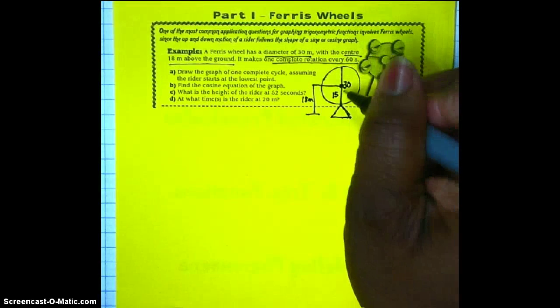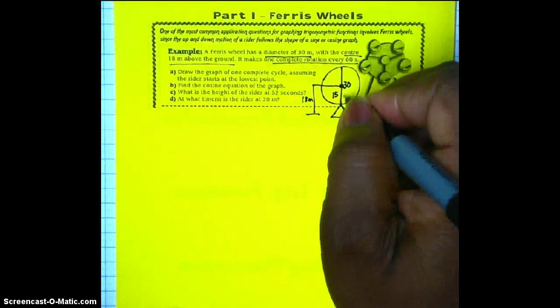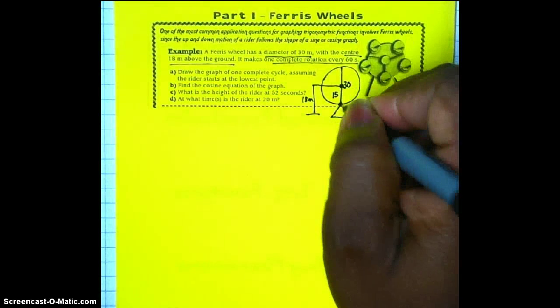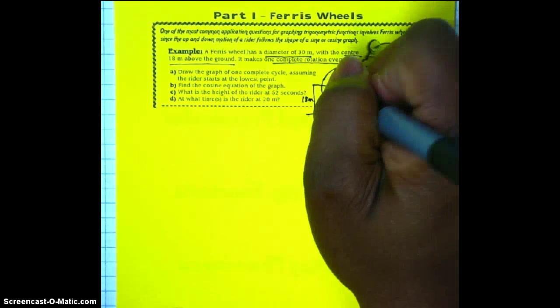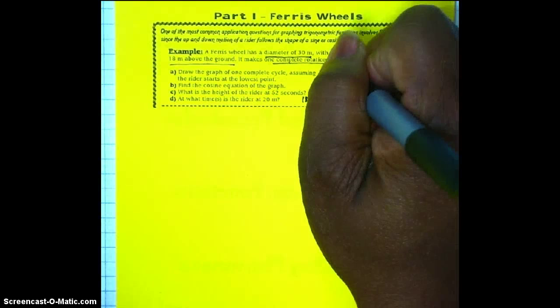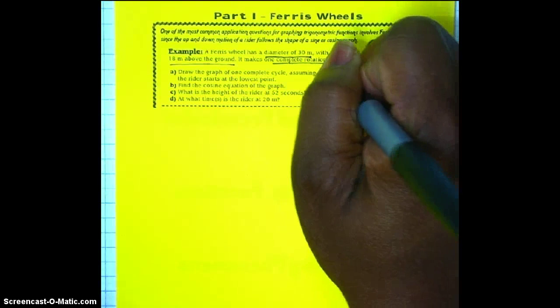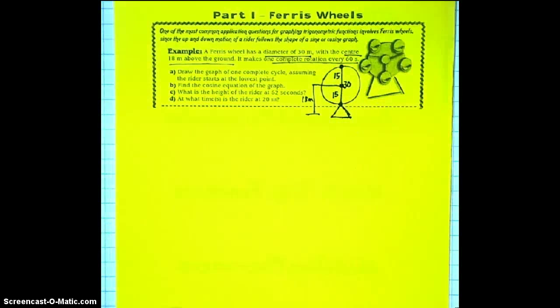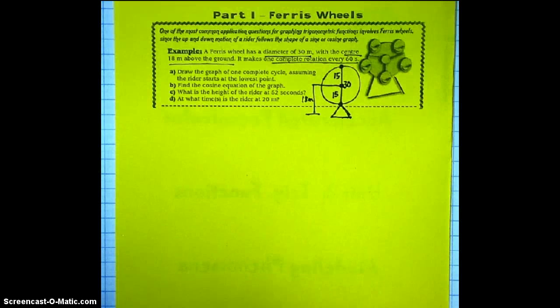Now, if I go from the middle to the minimum, and that distance is 15 as a radius, and I go from the middle to the maximum, the top of the Ferris wheel, and that distance is 15, then in my rider motion, I'm describing what? I hope you're thinking amplitude.